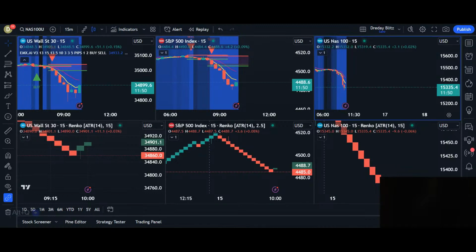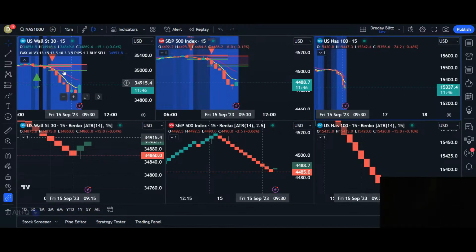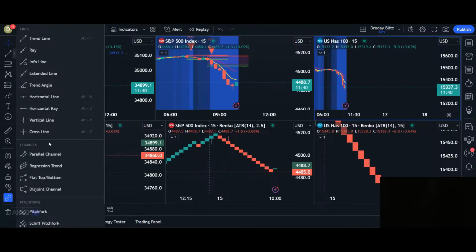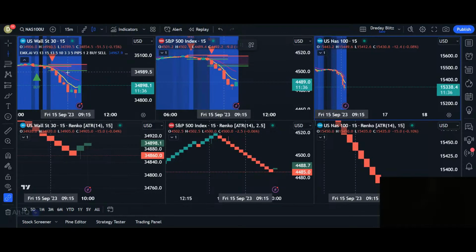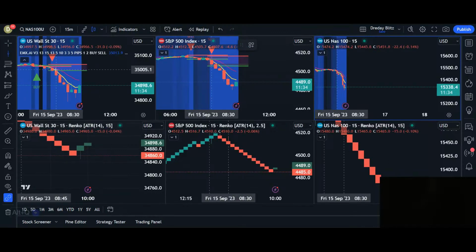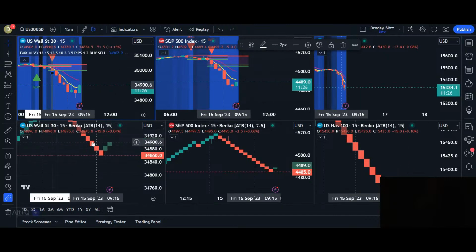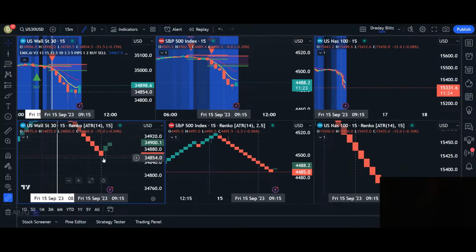Based off of the entry, you keep your trade on. And the way that you put your stop loss, let's look at that. So let's start putting a vertical line on the price. I always do that. I put the vertical line here, and we're going to zoom out.